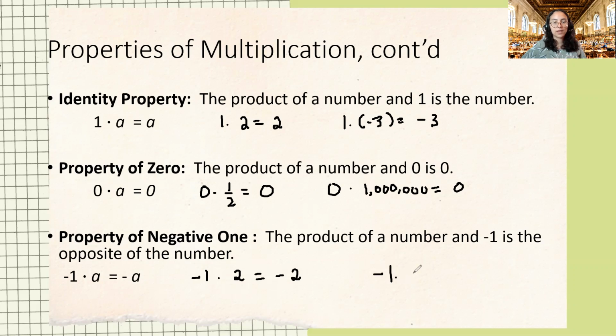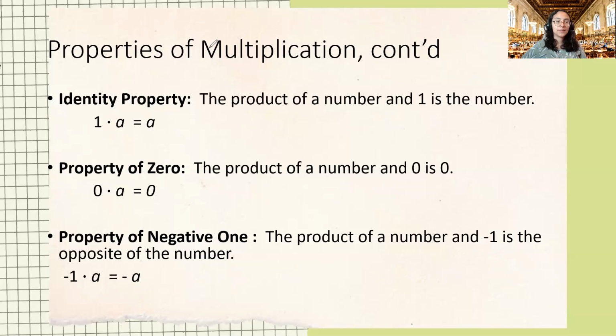Or if we have -1 times -2, then the opposite of -2 will be +2. You can also think of this by using our rules of multiplication. Since we have a negative number times a positive number, our answer is going to be negative. And here, since we have a negative number times a negative number, our answer is positive. But -1 does change the sign of our number. It turns it into the opposite.